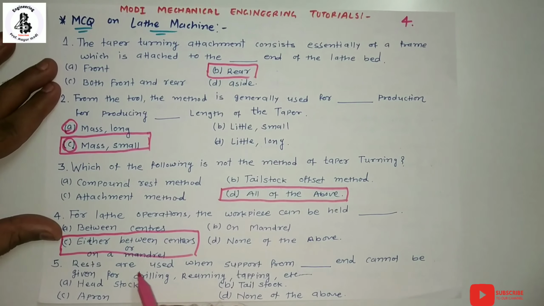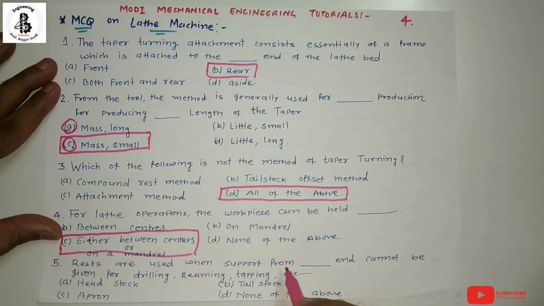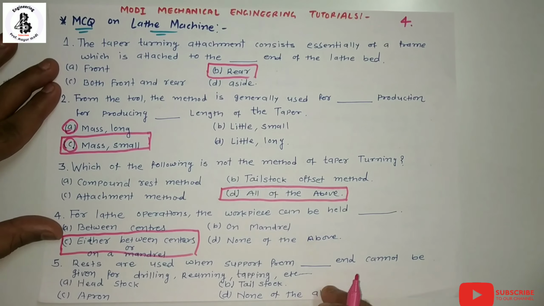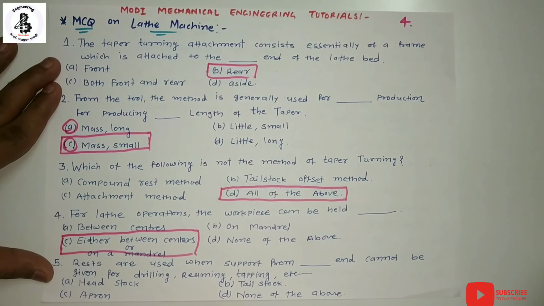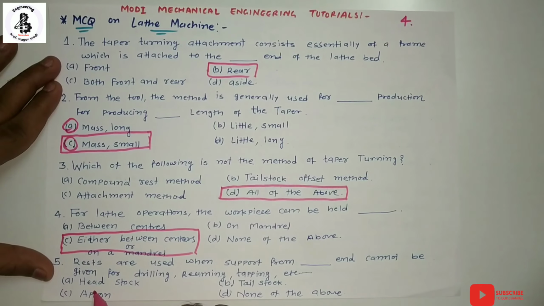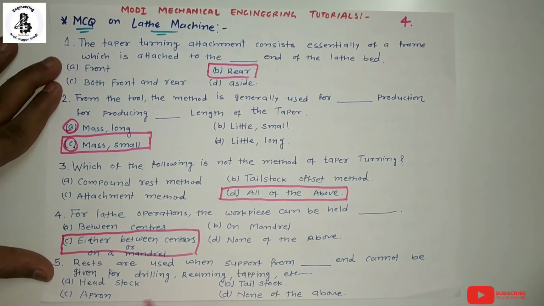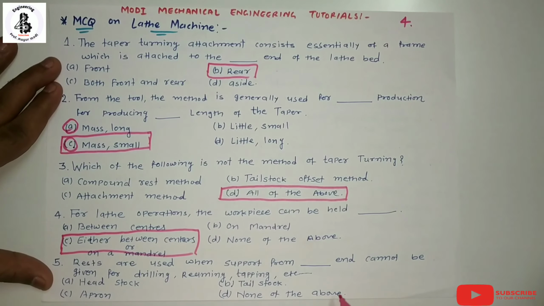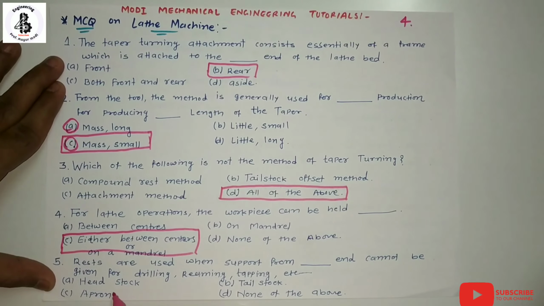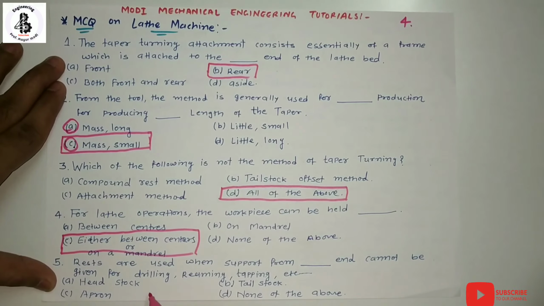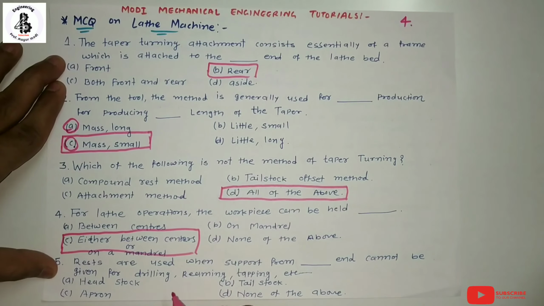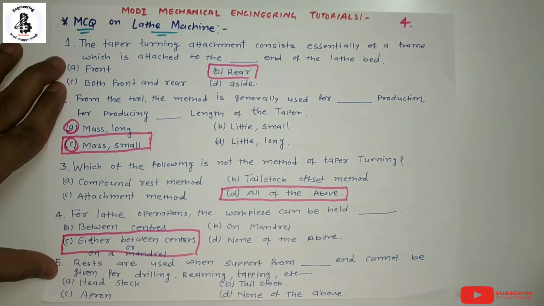Rests are used when support from which end cannot be given for drilling, reaming, tapping, etc.? Option A, headstock; option B, tailstock; option C, apron; and option D, none of the above. The headstock is used to control all the parameters of the lathe machine, like the speed of the spindle.